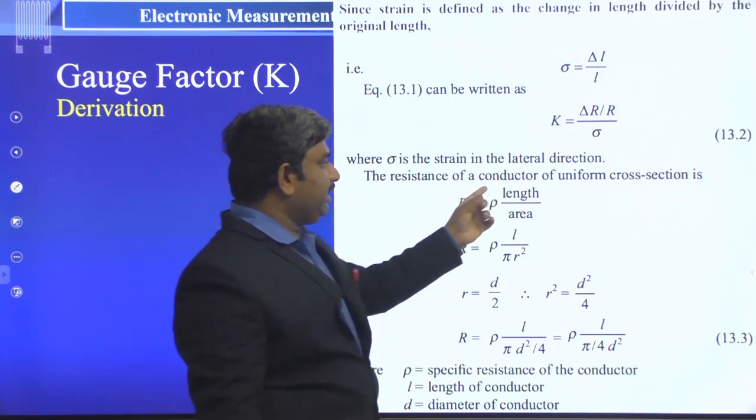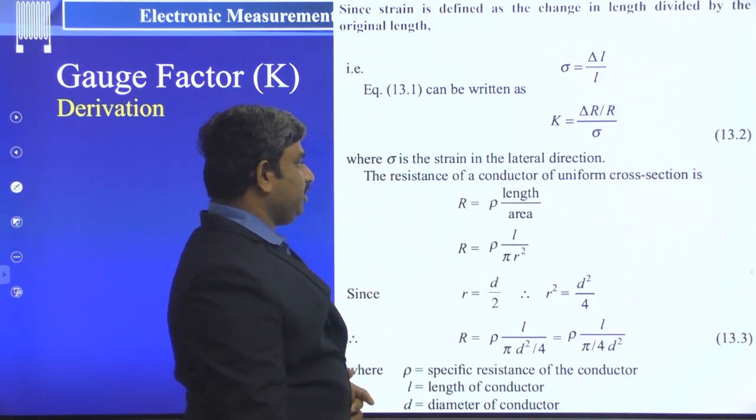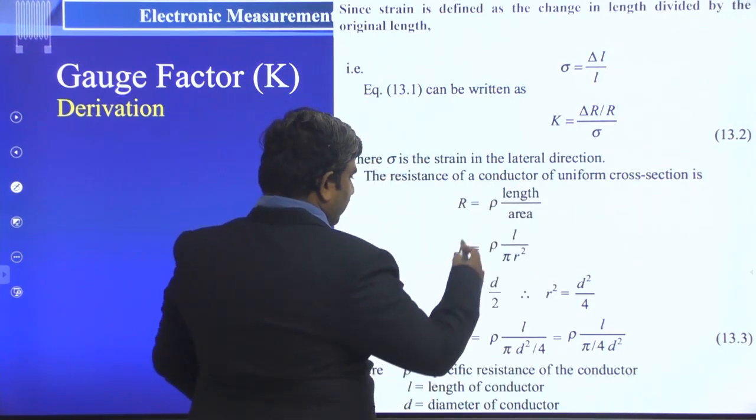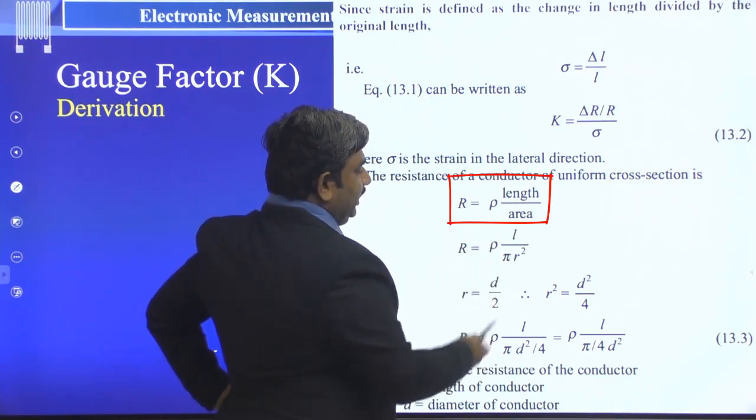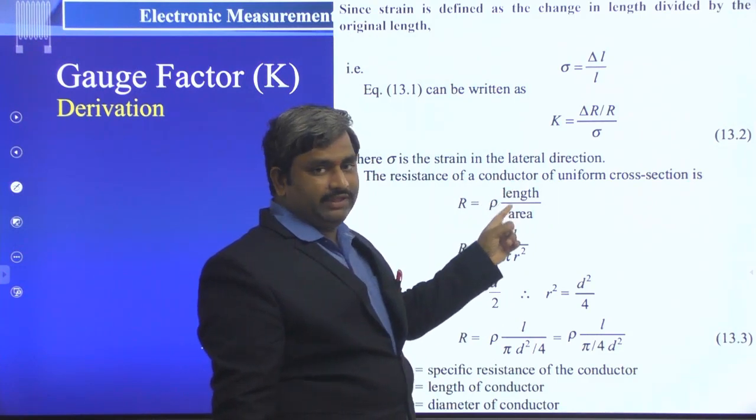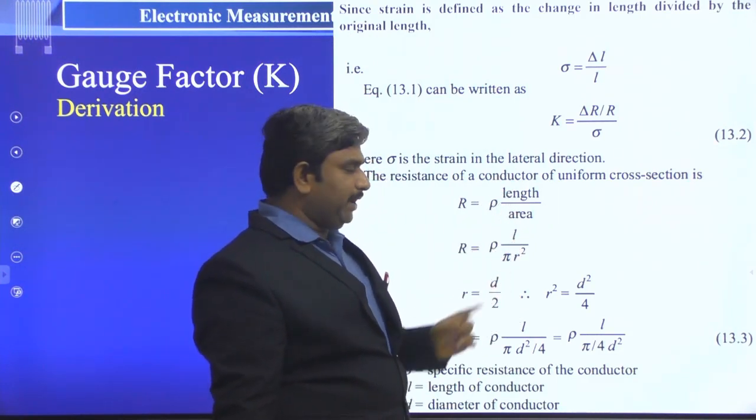The resistance of a conductor of uniform cross-section is R is equal to rho L by A. Here the length we are representing with L and the area with pi r square.